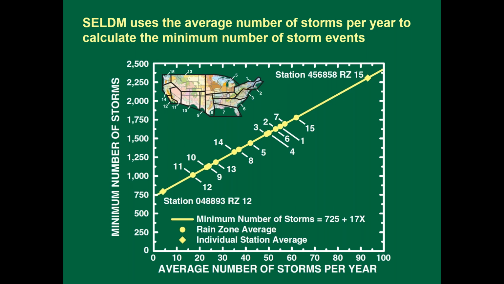So as I said on the first day, we're looking to generate between 1,000 and 2,000 storms at most sites and roughly 20 to 30 years of data, because that's what was roughly available for a lot of stream gauges and precipitation gauges.